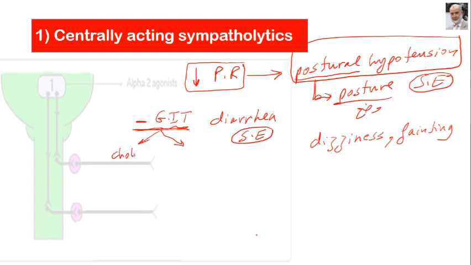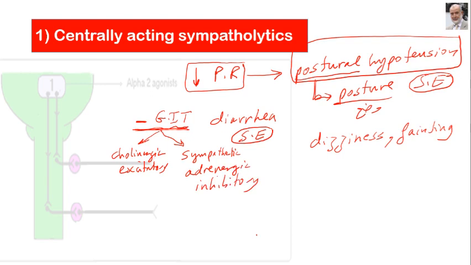Cholinergic drugs are excitatory. They increase the activity in the gastrointestinal tract, increase the motility, and increase the contraction of smooth muscles of the GIT. While the sympathetic, adrenergic, we said they are inhibitory to the gastrointestinal tract.